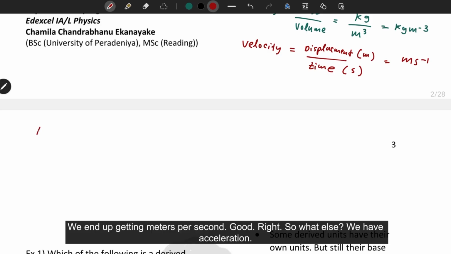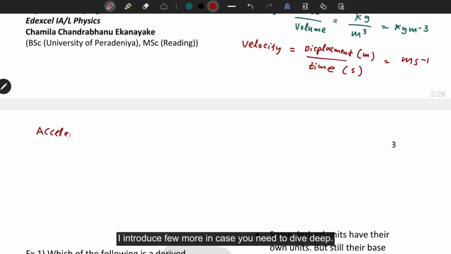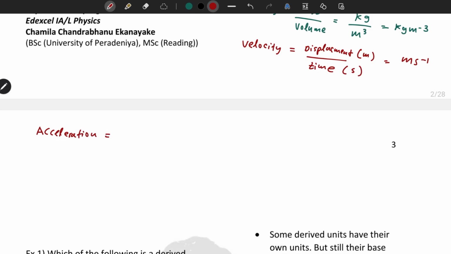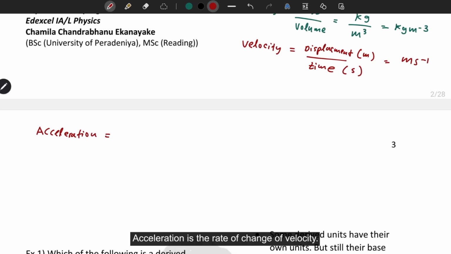Good. Right. So what else? We have acceleration. I introduce a few more in case you need to dive deep. Acceleration is the rate of change of velocity. For simplicity, I simply describe this as velocity over time, but it's somewhat deeper than just this equation.